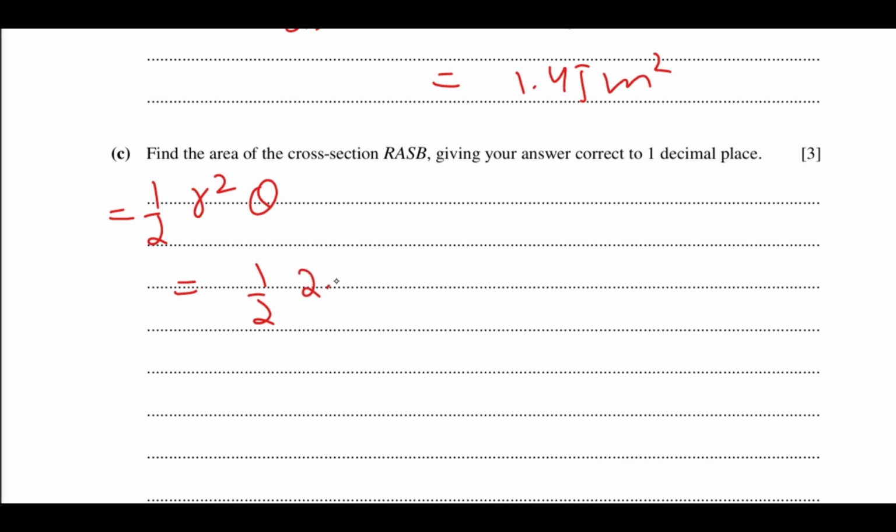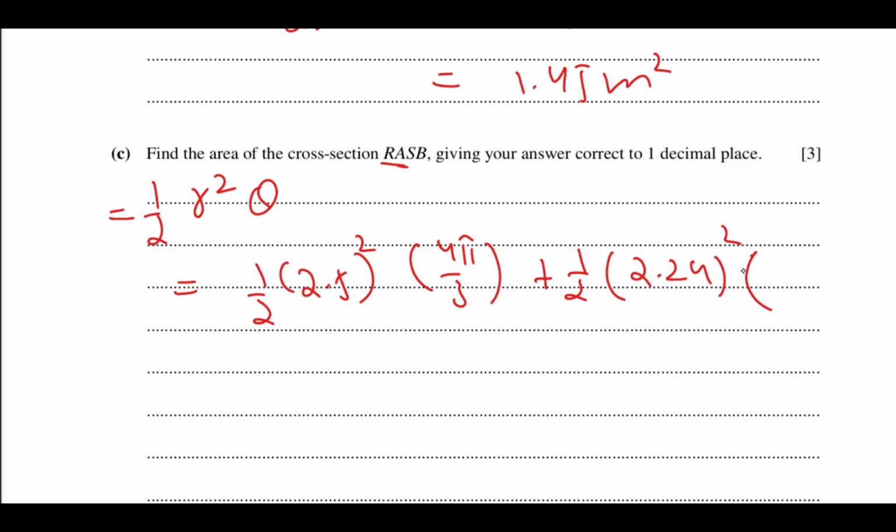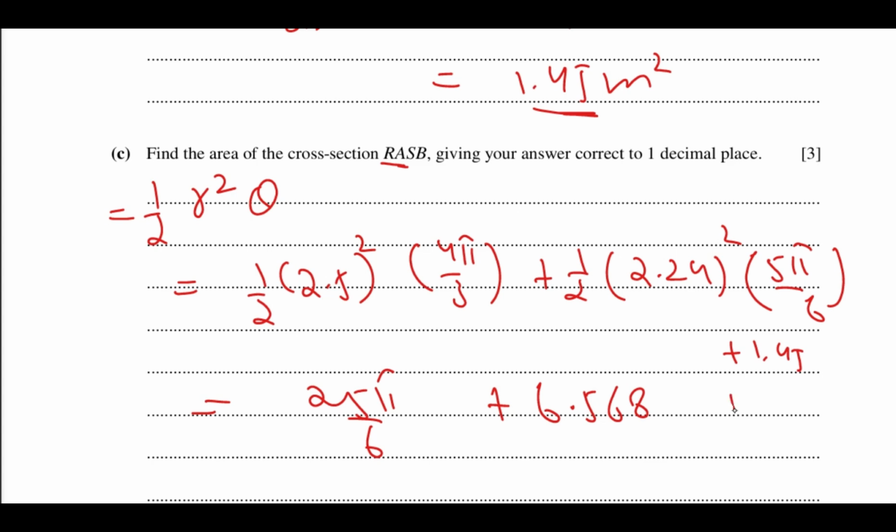So 1 over 2, 2.5 squared, 4 pi by 3 was the angle for RAS, plus 1 over 2, 2.24 squared, 5 pi by 6, and the difference in area was 1.45. When added, we will have 25 pi by 6 plus 6.568 plus 1.45, it will become 21.1 meter squared.